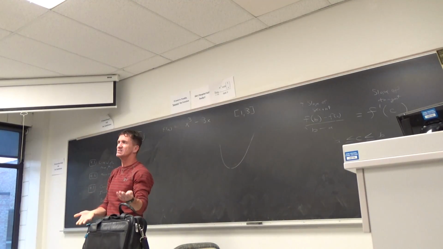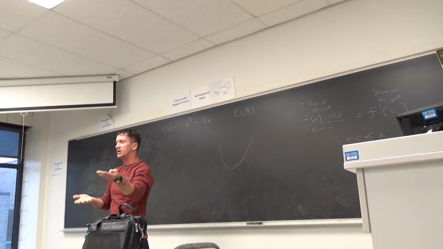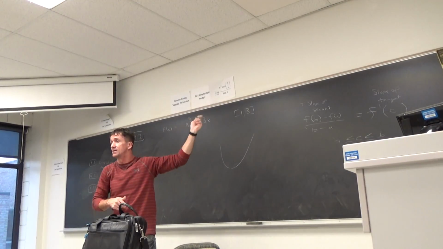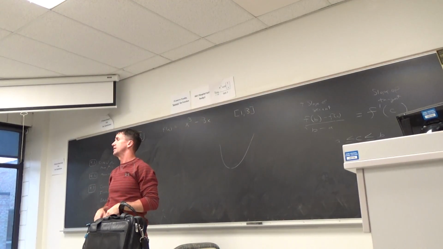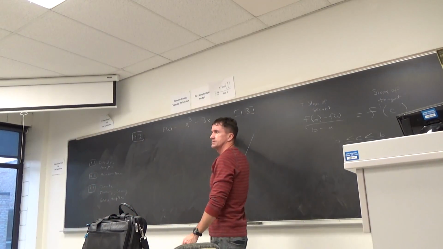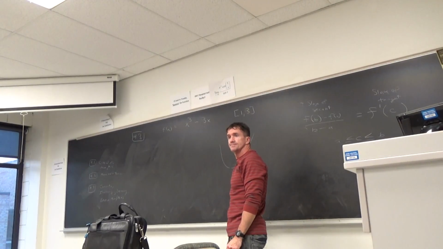We might have to test some points, though. When we're saying the words positive and negative, the only way you and I are going to be able to tell if the function's positive or negative is to pick some numbers to plug in there. We won't be so concerned about the number itself, but we'll see that as we work through a problem like this. So that's increasing and decreasing. And we'll be able to find those max and mins again.